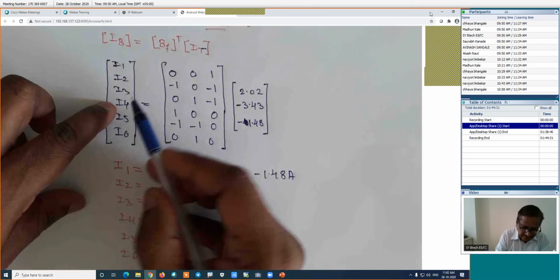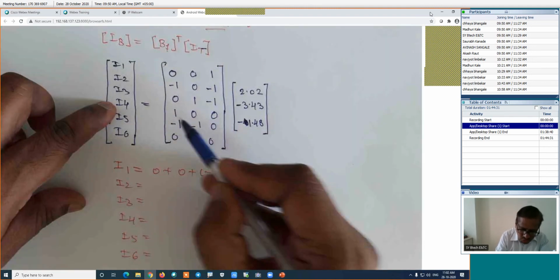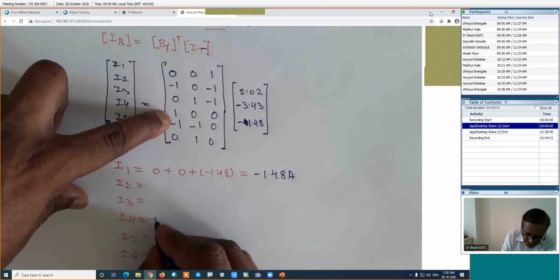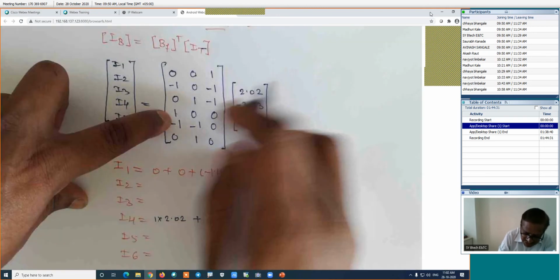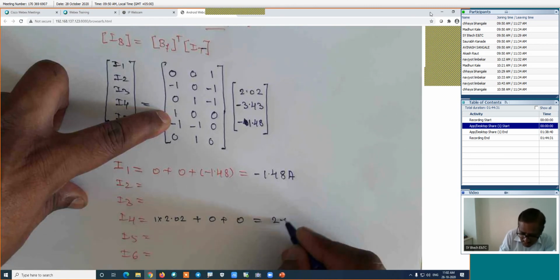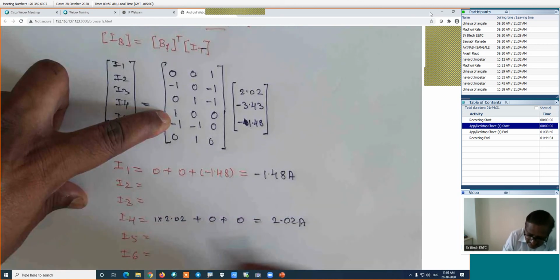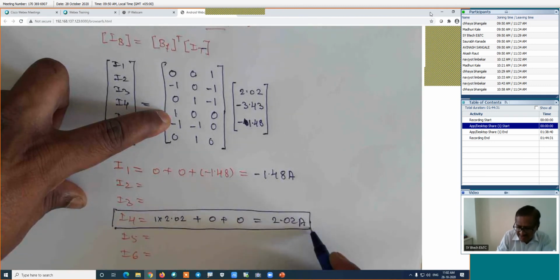I4 is equal to, this is the 4th row and this column: 1 into 2.02 plus 0 into this value plus 0, which is nothing but 2.02 amperes, the current in the required branch, which is the 6 ohm resistance.